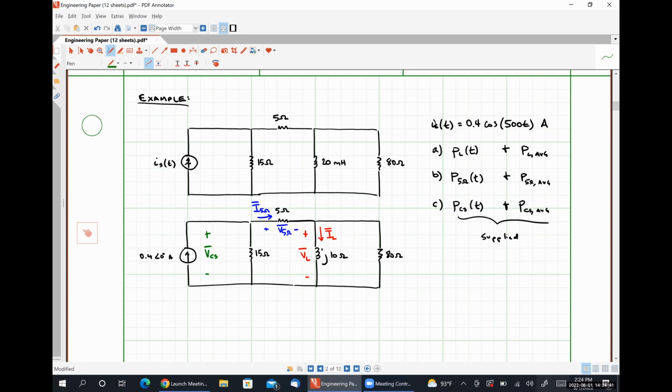So, does anybody have any thoughts as to how we might solve for any of these quantities?